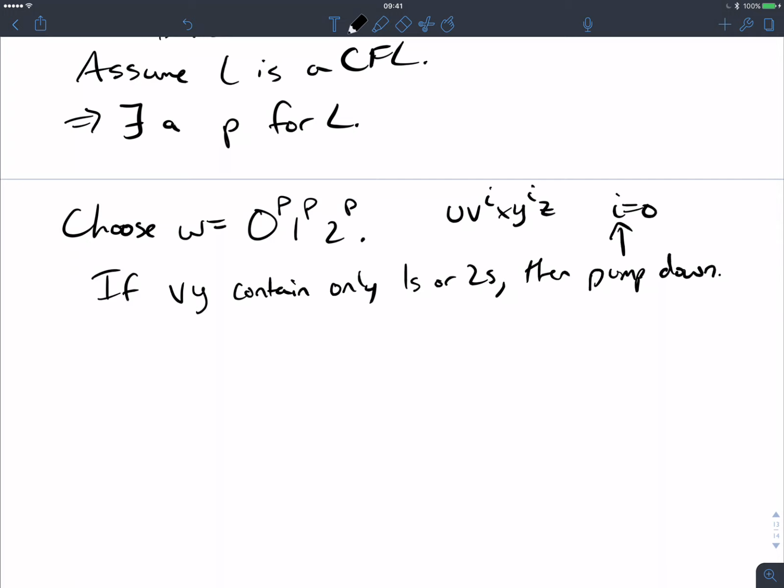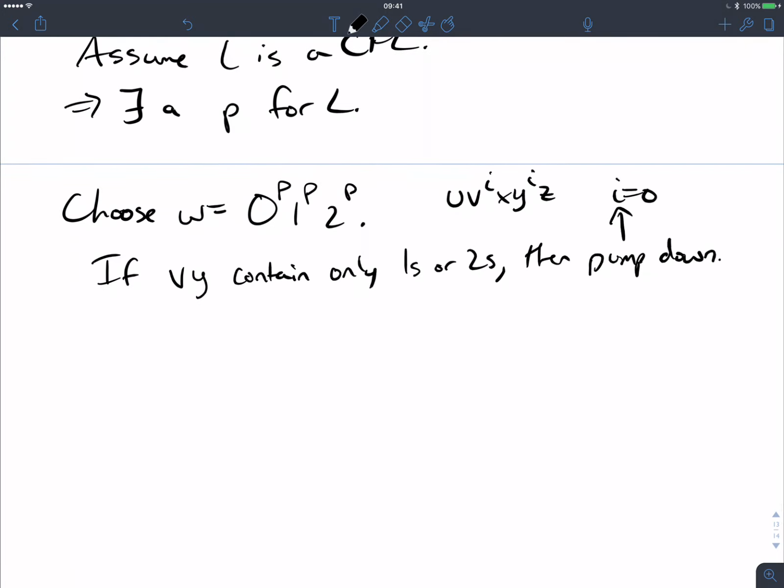Well, let's see. What if we had other cases? It may contain zeros. Could it contain zeros, ones, and twos? No. So what if vy contains only zeros or ones? Well, if I pump down, then the less than condition may still be true, right?